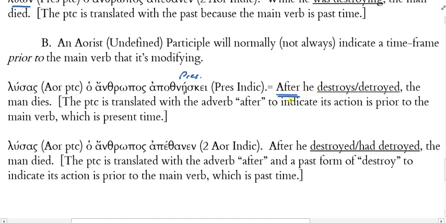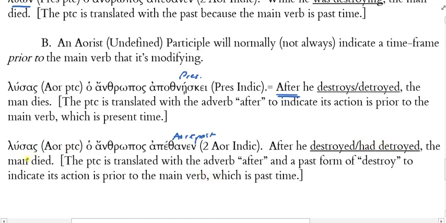Okay. Now, lusas ho anthropos apethenen, there's my aorist form, which is past. How am I going to translate this? After he destroyed, or after he had destroyed, the man died. Okay, again, I have two actions, and the aorist participle indicates the action that is further back than the main verb's action.